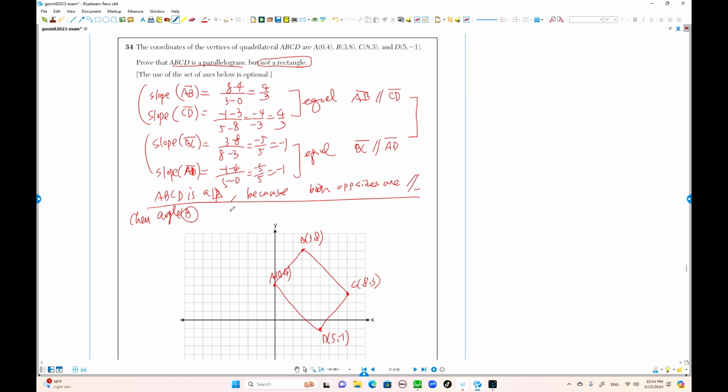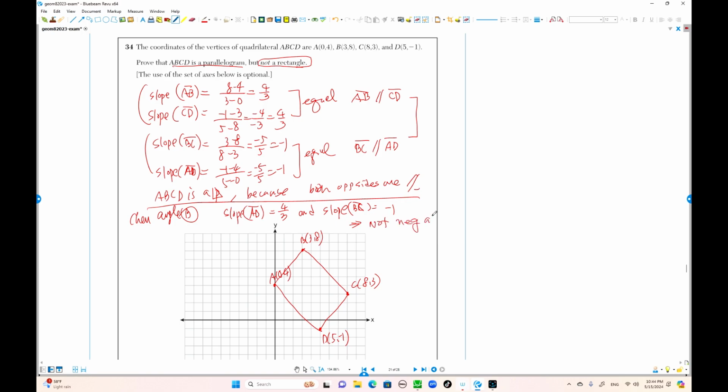Okay, slope of AB is 4 over 3 and slope of BC equals negative 1. Okay, they are not negative reciprocals.